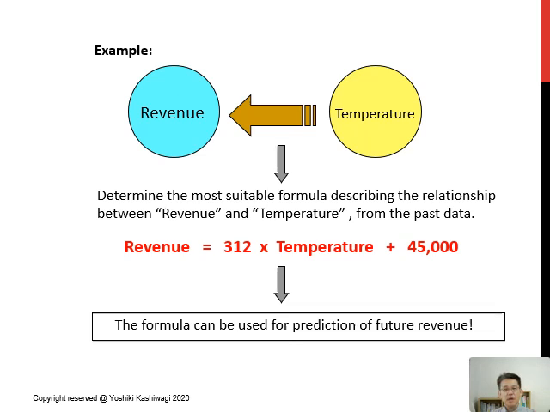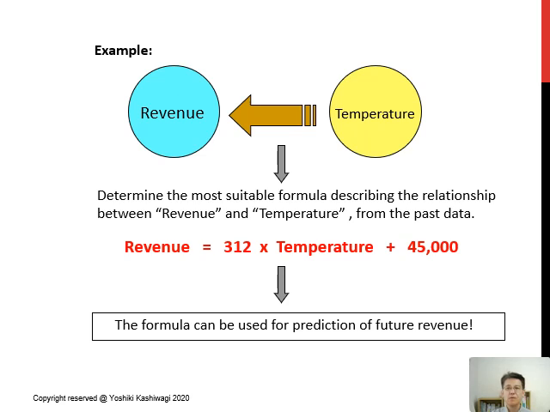So you have the sales revenue data. Also, you have the past temperatures of each day. With these two data sets, you can know the correlation by calculating the correlation coefficient.